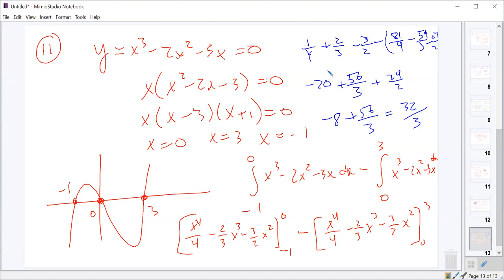That's negative 20. 2/3 plus 54/3 is 56/3. Negative 3 halves plus 27 halves ought to be 24 halves. All right, I don't see where my arithmetic went wrong. So somebody see where I made a mistake? Because it seems to think the answer to 11 is D.